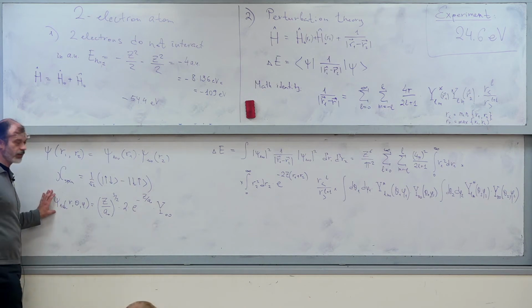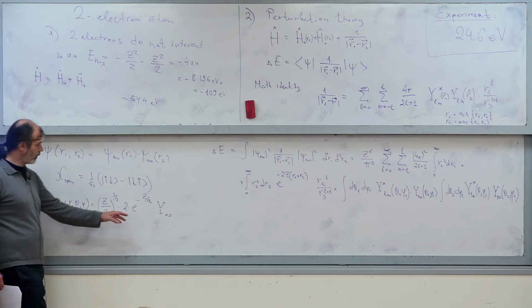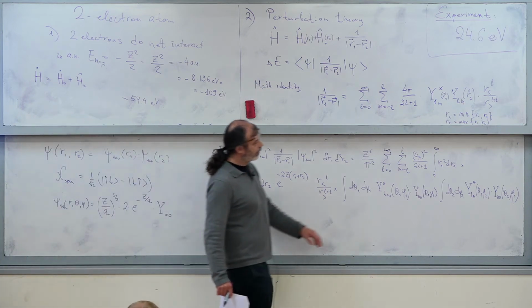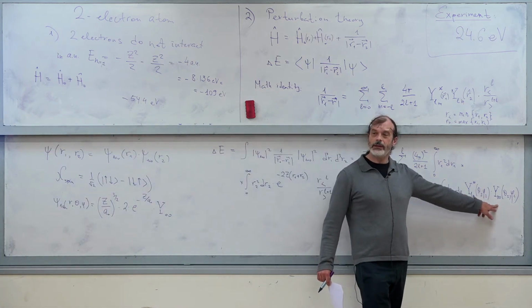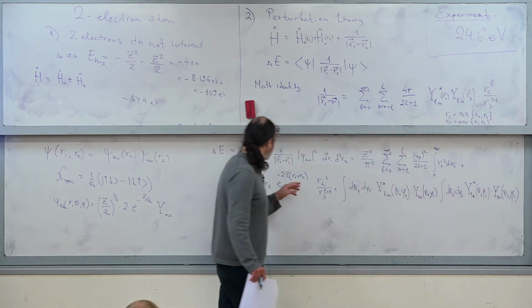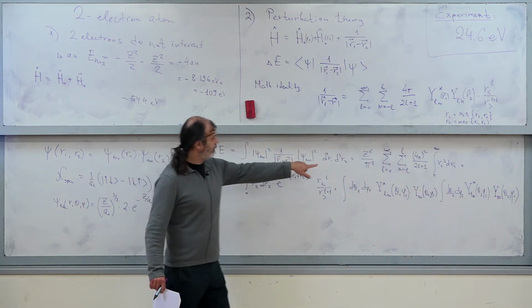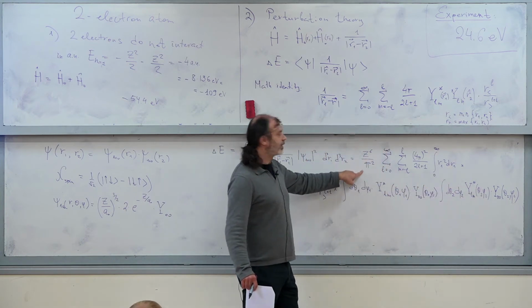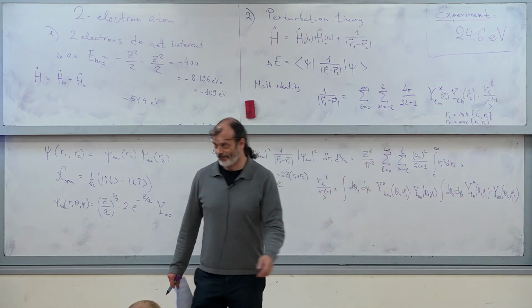But this wave function was squared, right? So here the spherical harmonics should be squared, and here we have only the first power. So the second spherical harmonics gives us, from here and from here, this 1 over pi squared.